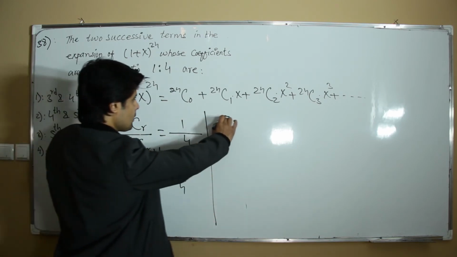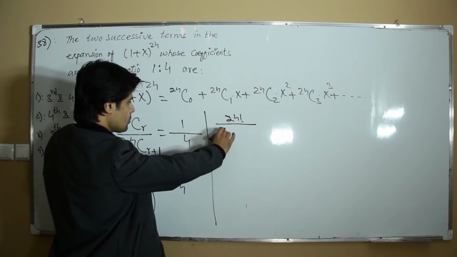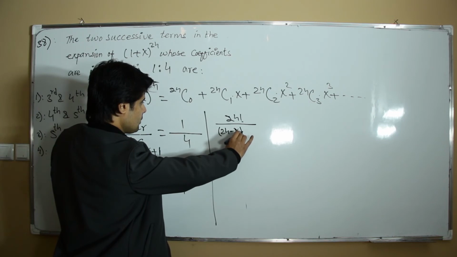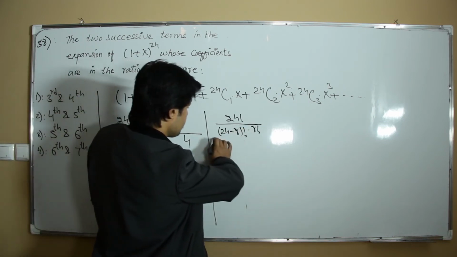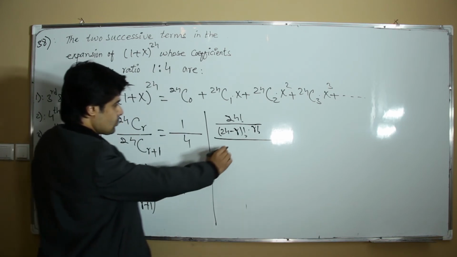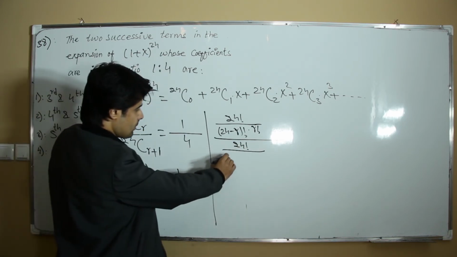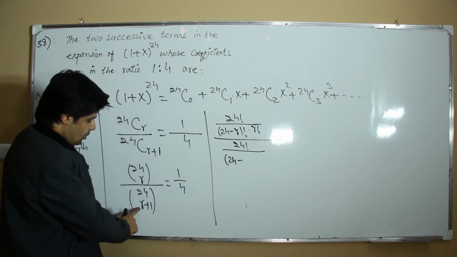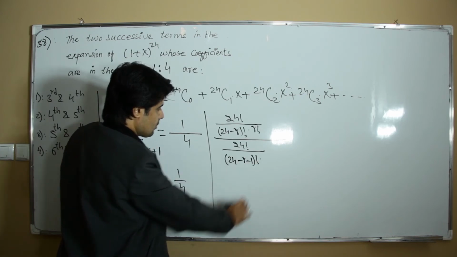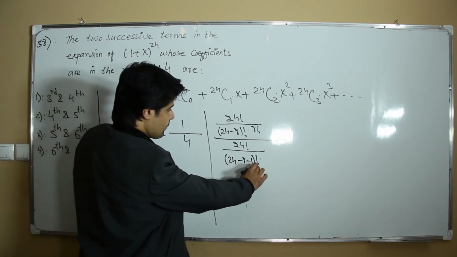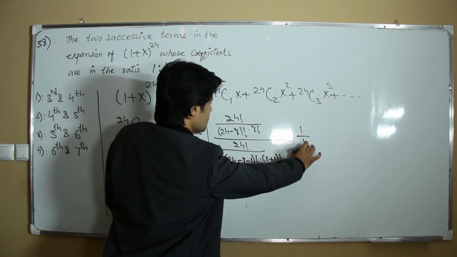This one means 24 factorial over (24 minus r) factorial times r factorial, divided by 24 factorial over (24 minus (r plus 1)) factorial, that is (24 minus r minus 1) factorial, times (r plus 1) factorial, is equal to 1 divided by 4.